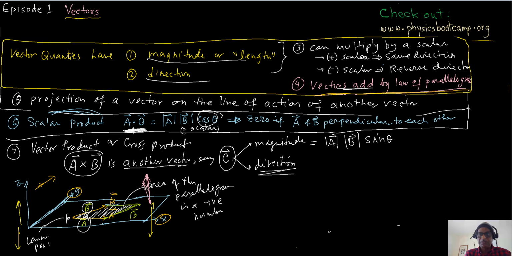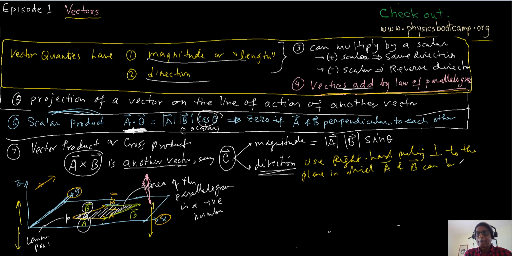So the direction of this will use the right-hand rule, and make sure it's perpendicular to the plane in which A and B can be placed.